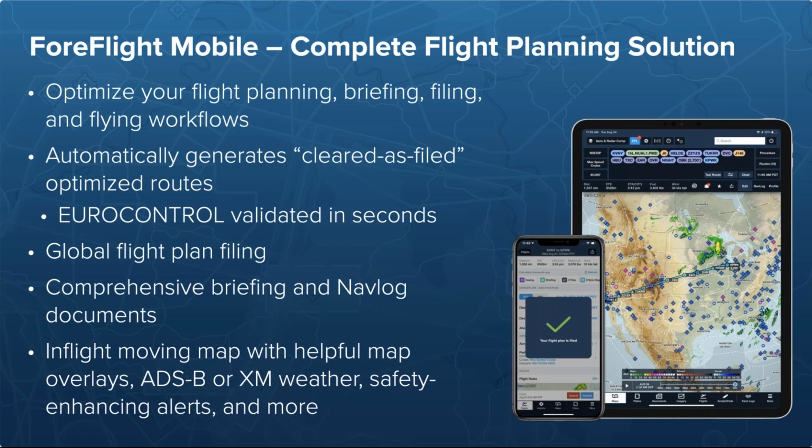And I don't want to sound too much like a sales pitch, but it is exciting to talk about because we see all the powerful features in here that bring productivity and efficiency into the cockpit. So there's so many more features like the in-flight moving map with overlays that are very easy to select, ADS-B, XM weather, the safety enhancing alerts, and so much more.